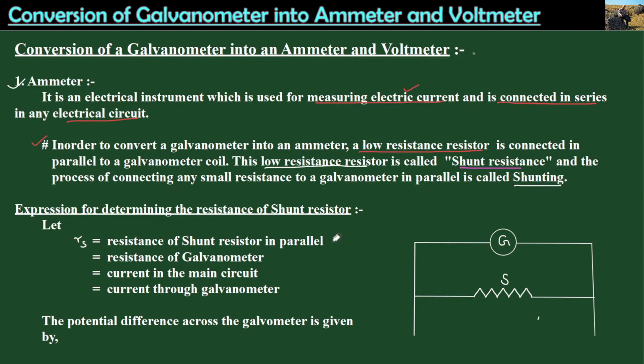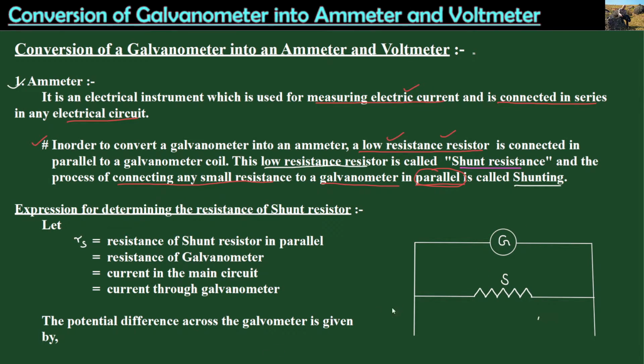What is shunting? Shunting is nothing but a process in which you connect a small resistance to a galvanometer, and this small resistance is connected in parallel. So we have this low resistance resistor which is connected in parallel to a galvanometer.